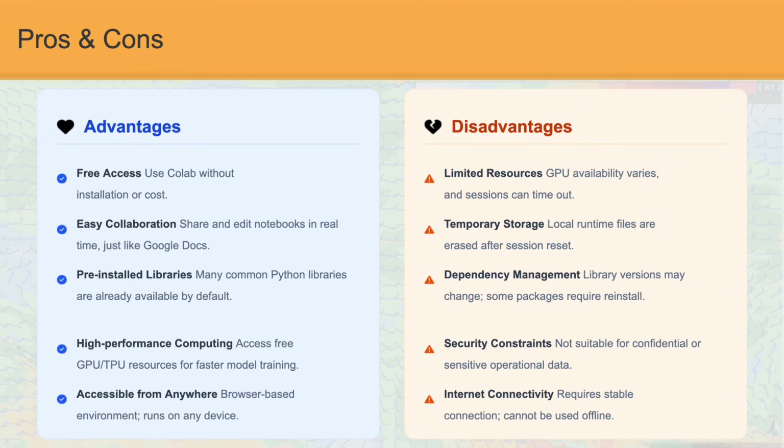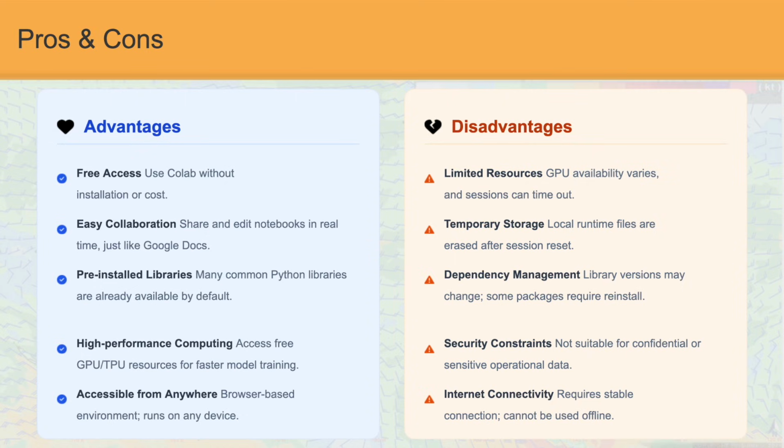And as shown on the slide, there are limitations. The first, a session can be timed out, especially after long inactivity. Runtime storage is temporary, so be careful. Files not saved to Drive can disappear.